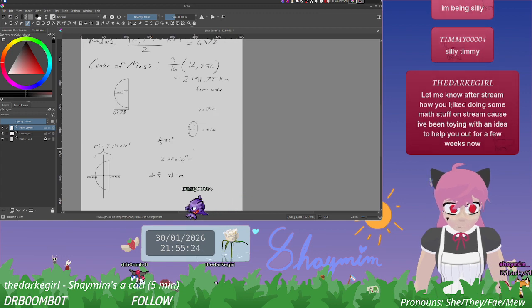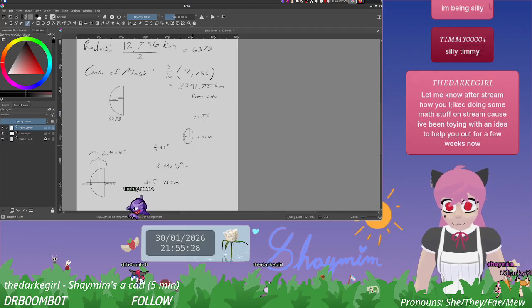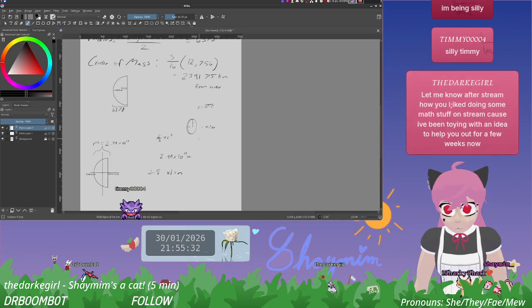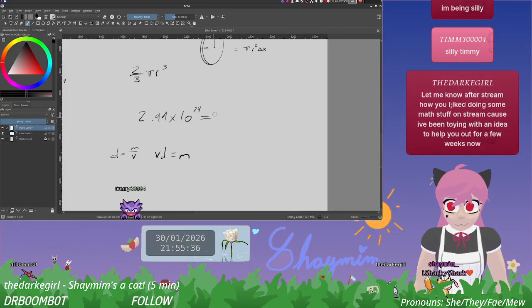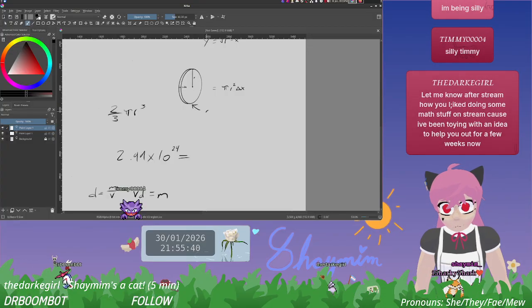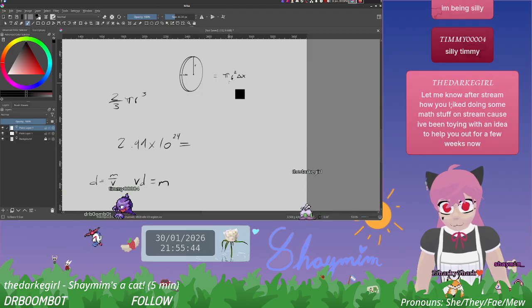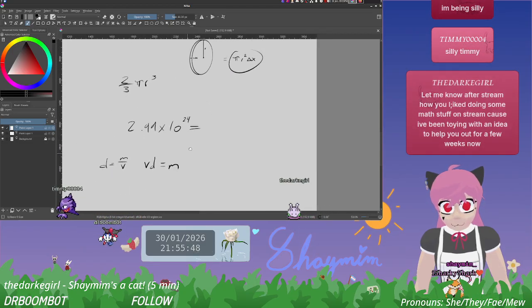But this isn't helpful. Not exactly, anyway. So I need to know the mass of a disk. Oh wait, if we're solving for... Okay. So we don't know the mass of this disk, right? So we have our formula for the volume there.